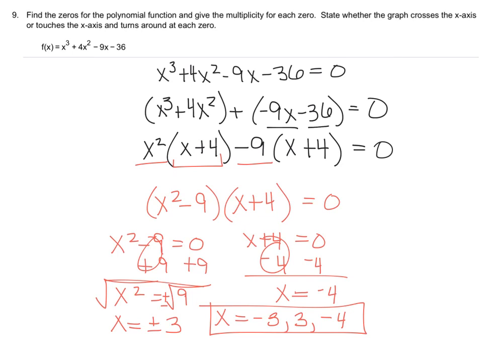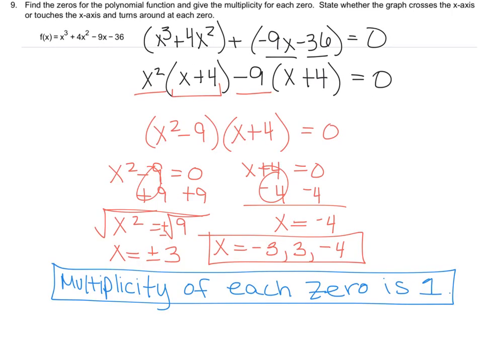Now for this problem, I'm also asked to find the multiplicity for each zero. So each zero occurs once, so that means that the multiplicity of each zero is 1. I'm also asked to state whether the graph crosses the x-axis or touches the x-axis and turns around at each zero.